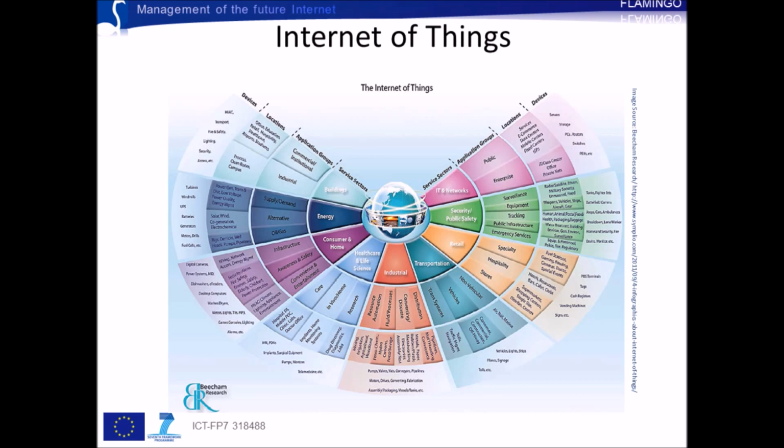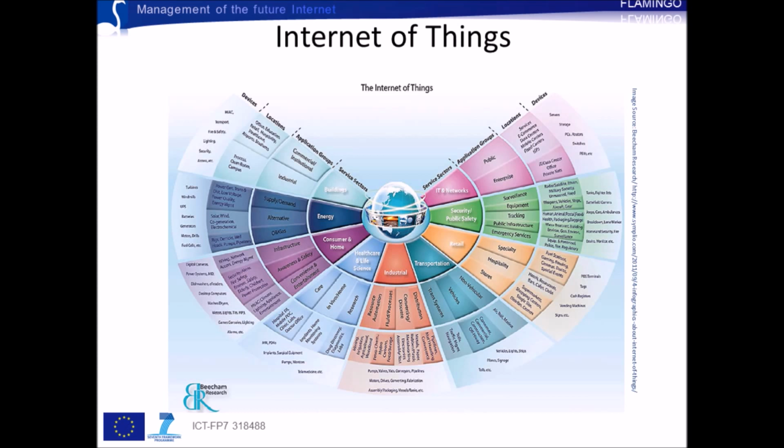As you can see in the graph, different groups exist within the Internet of Things: service sectors, application groups, location, and devices. For example, the service sector, marked pink and called IT and networks, can be separated into public and enterprise application groups, which can then be specified by locations such as services, e-commerce, and mobile carriers for public applications, and IT data centers, offices, and private nets, mainly for enterprise solutions.